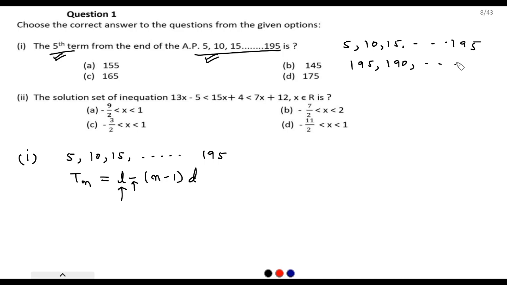The difference is, if for the original series D is 5, then for the reverse series D will be minus 5. So we have to put minus and in place of A, L.